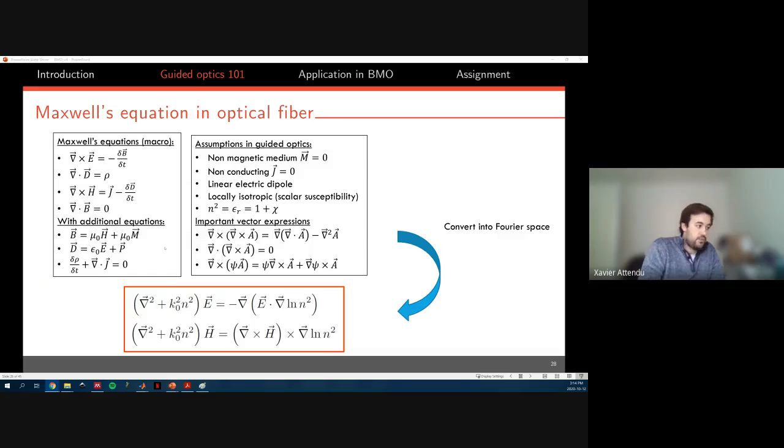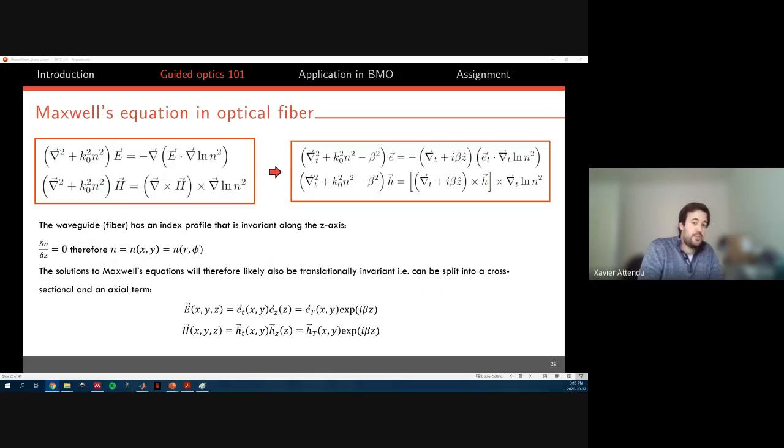So without going into all of this, basically you have Maxwell's equations, which describe basically any electromagnetic field in any environment. And if we make certain assumptions that are specific to the fiber, so non-magnetic, non-conducting, locally isotropic, you can reformulate the expression for the electric and magnetic fields inside the fiber as the following in Fourier space.